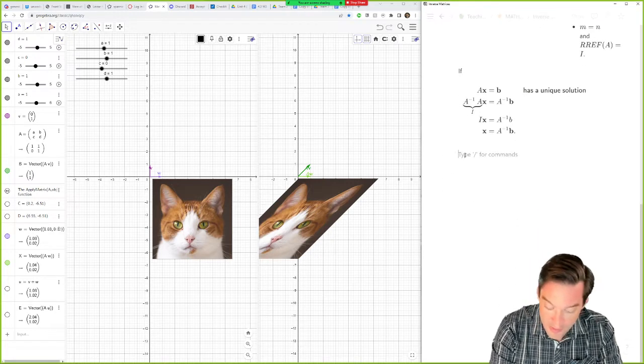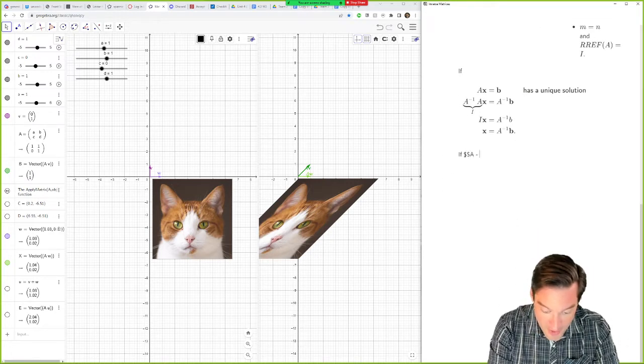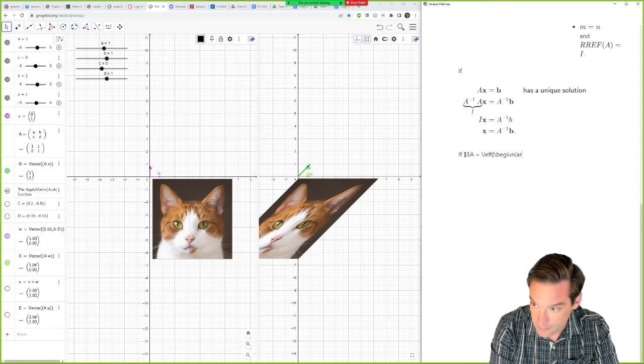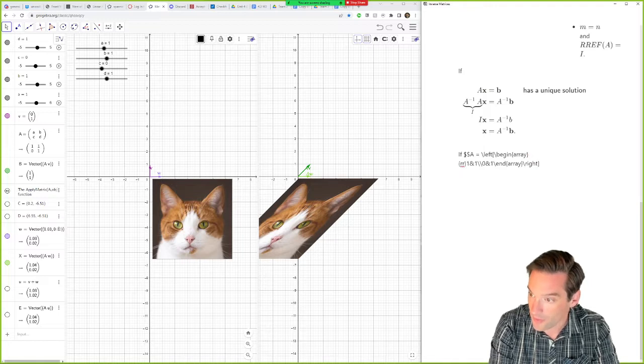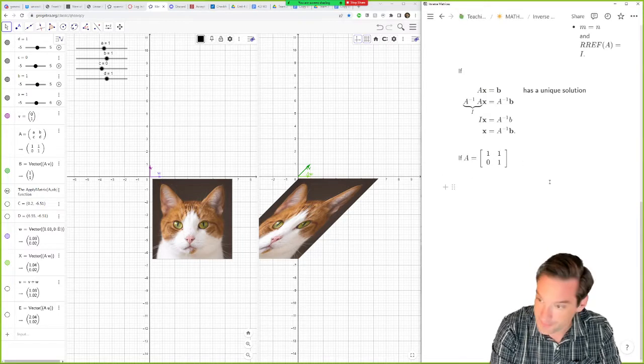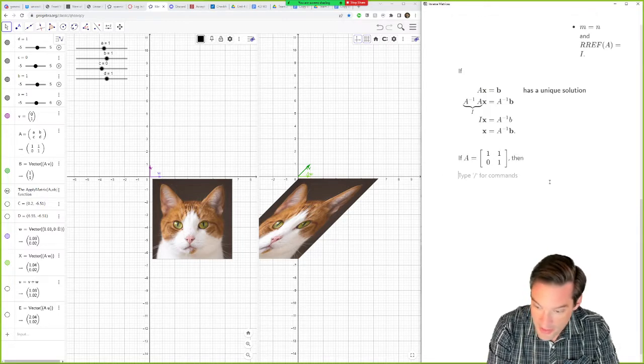So if I have my matrix 1, 1, 0, 1, and that's my original matrix, then I know two things.